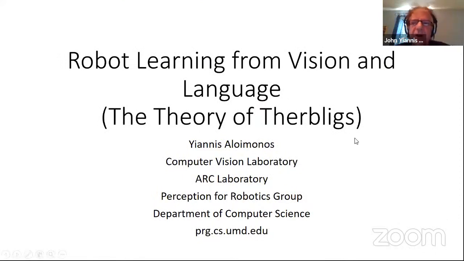Yeah, thank you. Good afternoon, robotics friends. I come from the Computer Vision Lab, the oldest and largest laboratory of its kind in the world. It was established in 1965 by Arthur Rosenfeld.